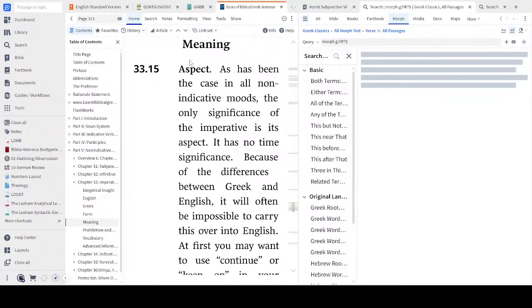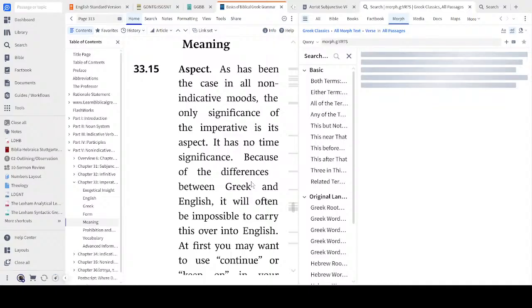It has no time significance because of the difference between Greek and English.